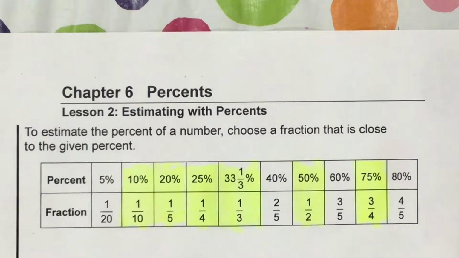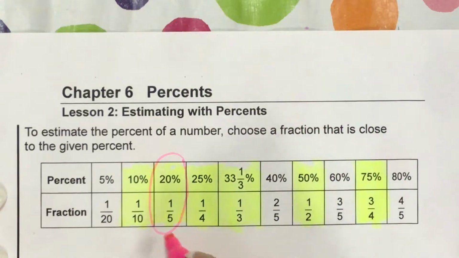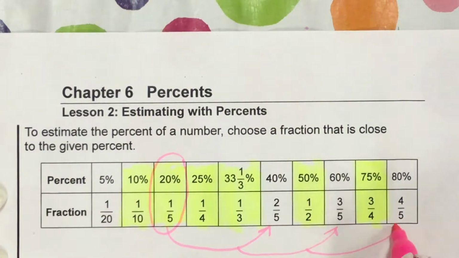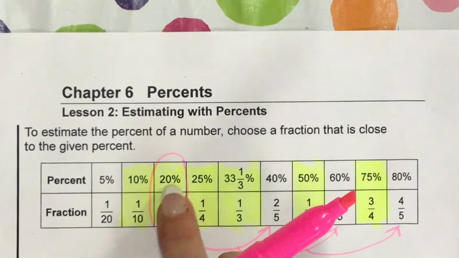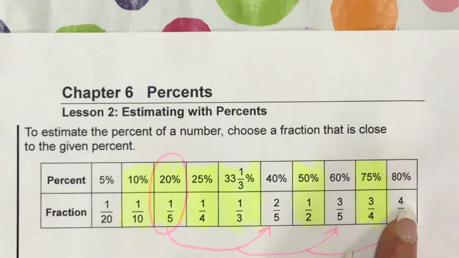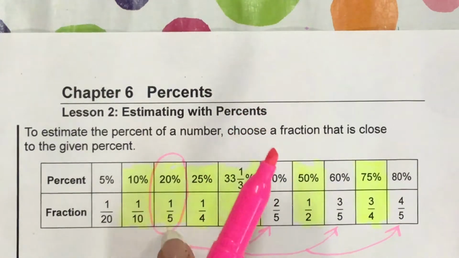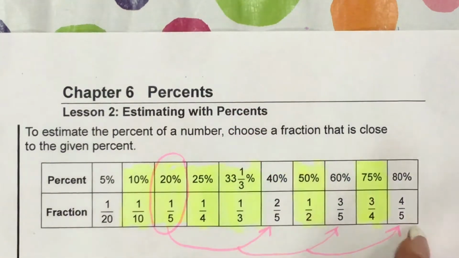So really, if you can memorize this one right here, this one is related to this one, and this one. If it's 2/5, you multiply 20 times 2 and you get 40%. If it's 3/5, you multiply 20% times 3 and you get 60%. If it's 4/5, you multiply that 20% by 4 and you get 80%. So if you can memorize this one, you can use multiplication to figure out the other ones pretty easily.